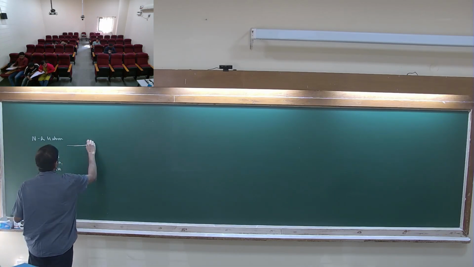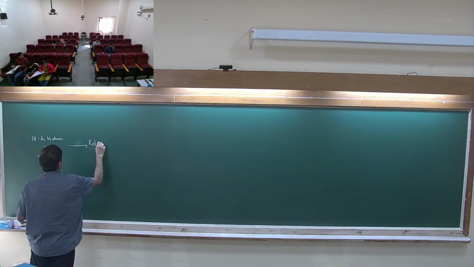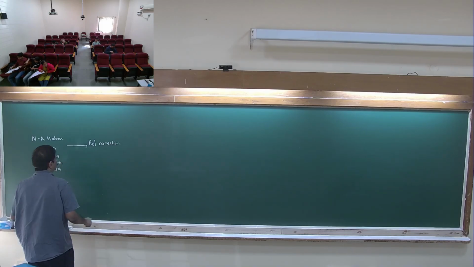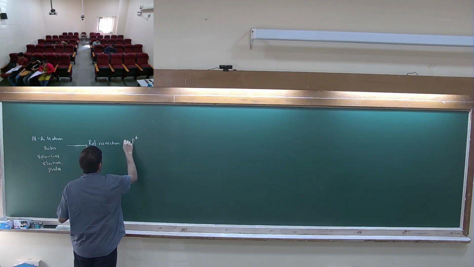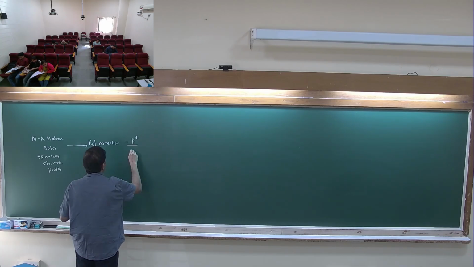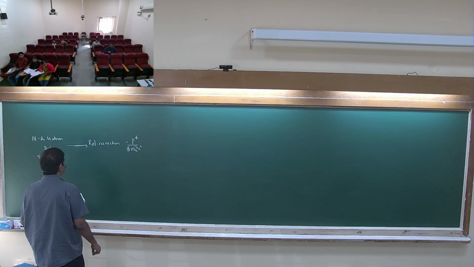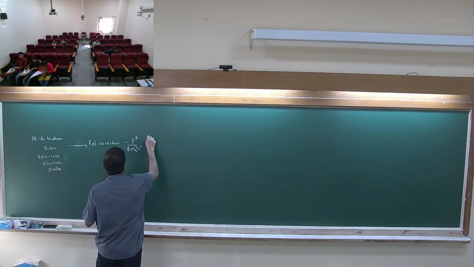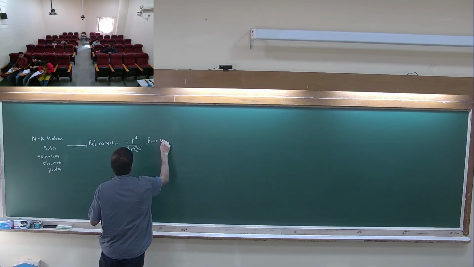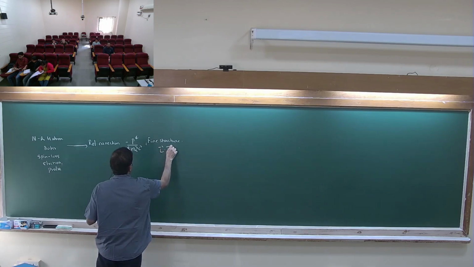Then there's a first relativistic correction, where there is a term that goes as minus p to the 4 divided by 8, I think, or is it 3? 3 m_e cubed c squared. There's a relativistic correction because of this. And then after this, there is the fine structure, and that is because of L dot S coupling, right?